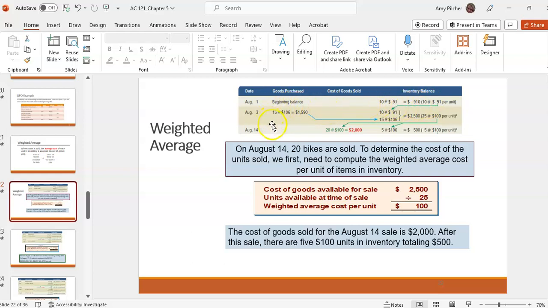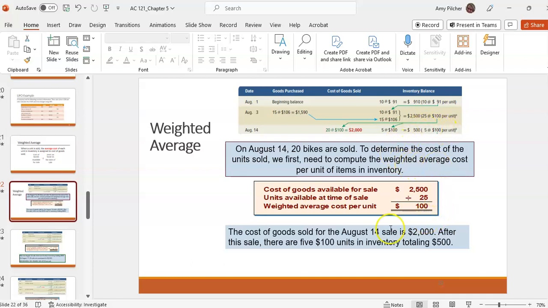And we buy the additional 15 for 106. So we add those two together, 1,590 plus 910, divide it by the 25 units we have, and now we have a new per unit cost of $100. Weighted average is actually the most accurate because you're averaging your cost of inventory across periods.